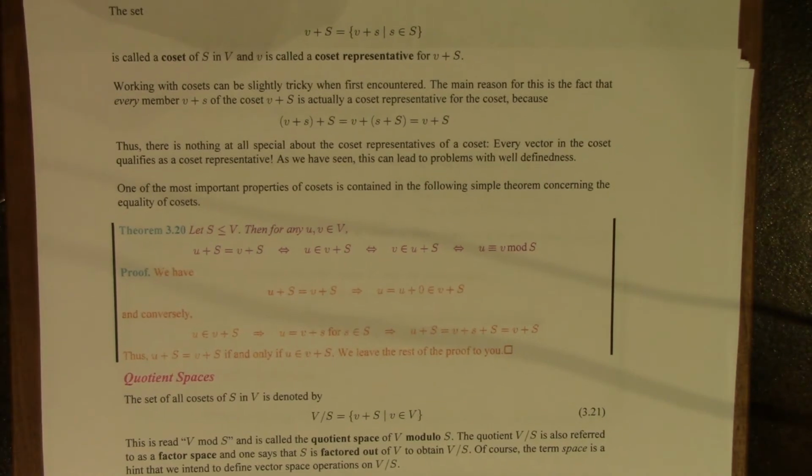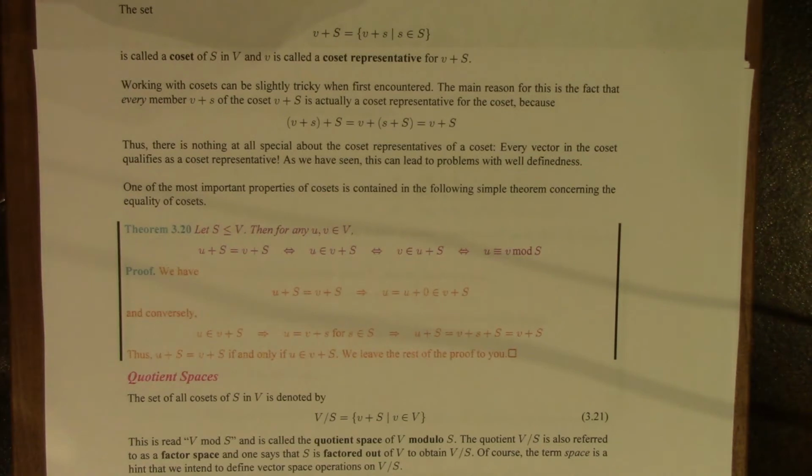You can express it in a lot of different ways because you can pick any vector in the coset and use it as a coset representative. And as we'll see a bit later, this can cause some issues that need to be addressed. It's nothing that's insurmountable. It just has to be paid attention to.